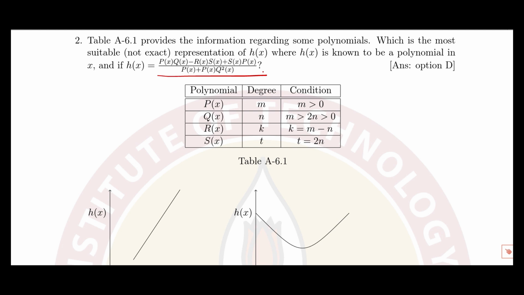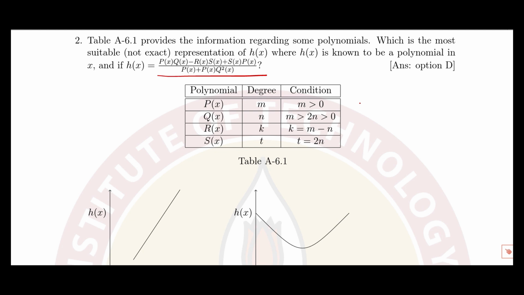Now let us see what will be the degree of h of x. In order to get the degree of h of x, it is sufficient to find the degree of the numerator polynomial and the degree of the denominator polynomial. If we subtract the degree of the denominator from the degree of the numerator, we will obtain the degree of h of x.